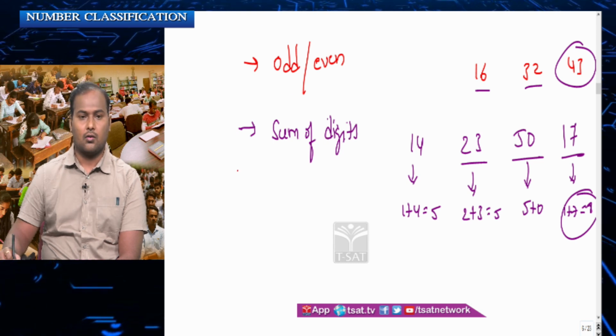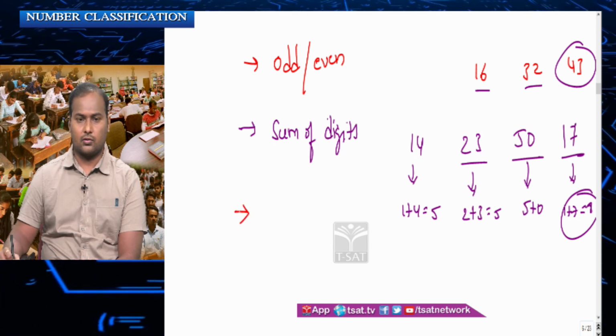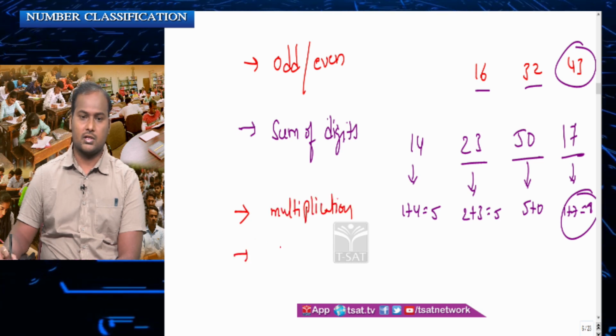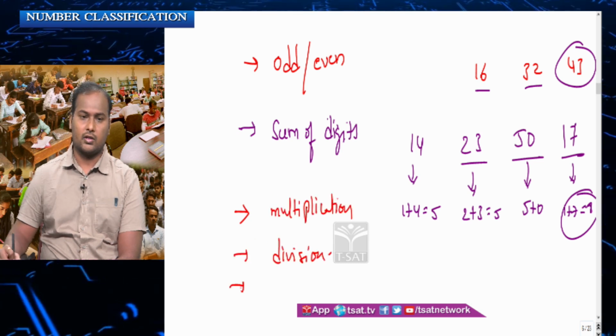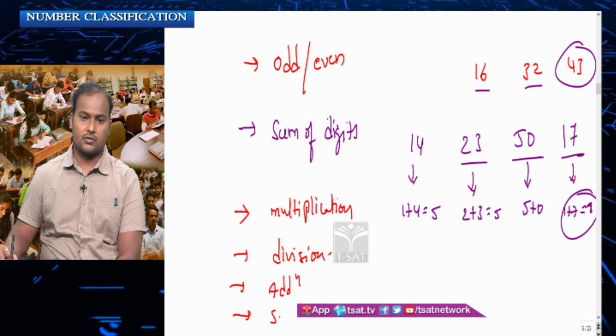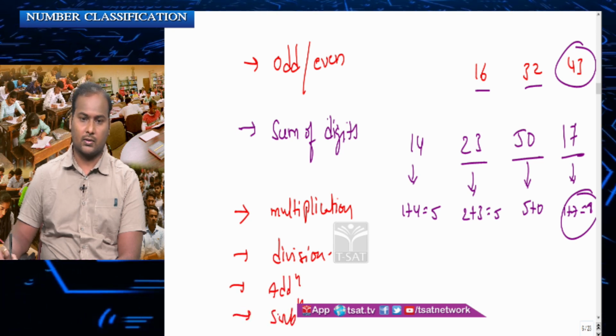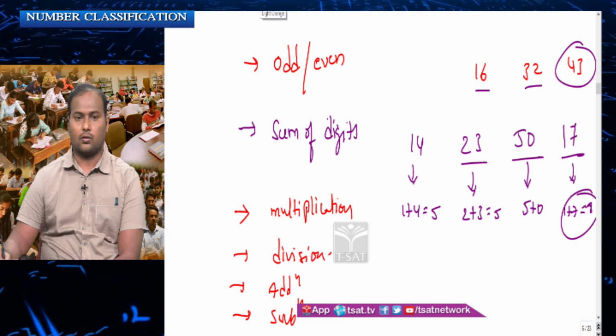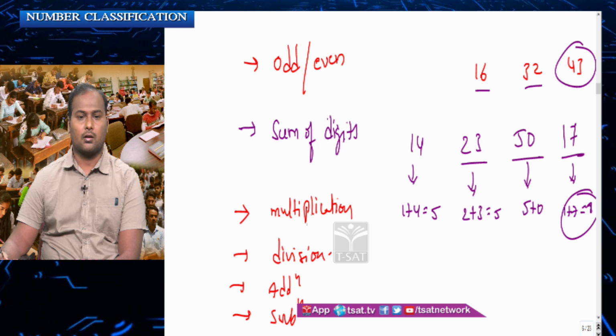Apart from this, what are the different areas he may ask questions from? It may be multiplication. You can see questions from divisions, additions and subtractions as well. Not only this, to make the question difficult, what will the examiner do? He starts combining all this stuff.